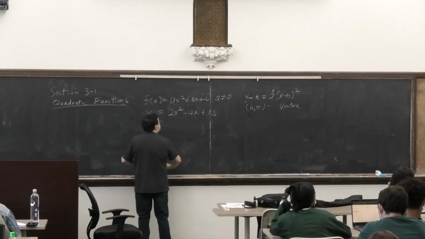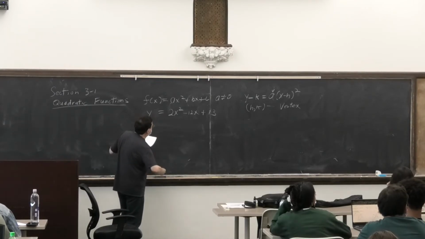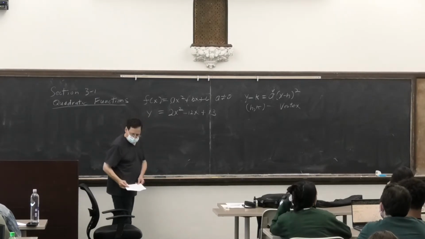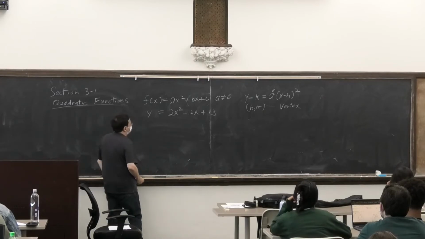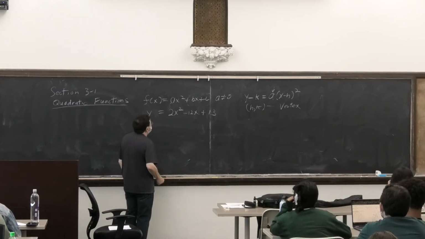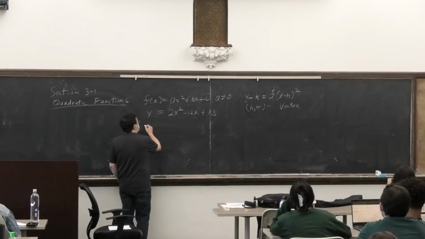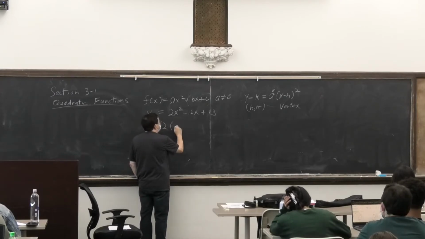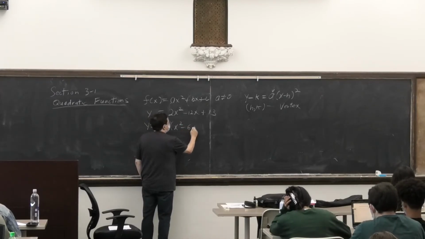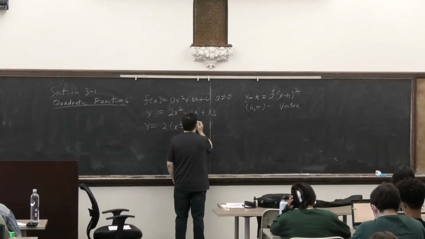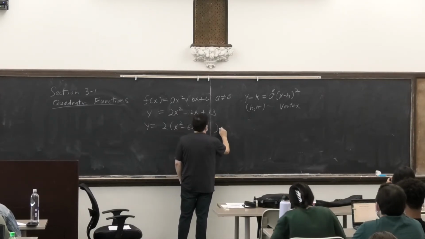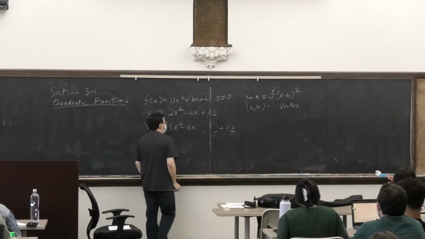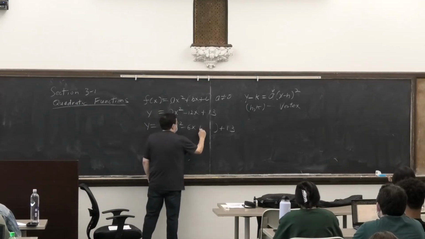I think there's just some subtraction error, because when I tried to solve it, I got negative. Yeah, I know I was doing something wrong. It was for this one. Because it was 2 parentheses x squared minus 6x plus 9, and then I add 9.